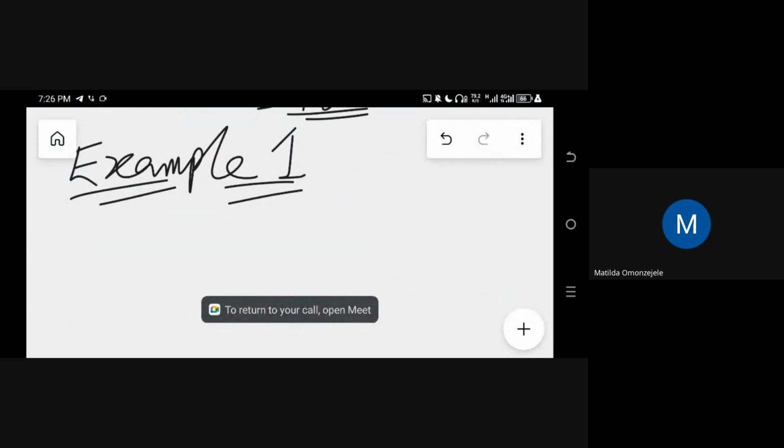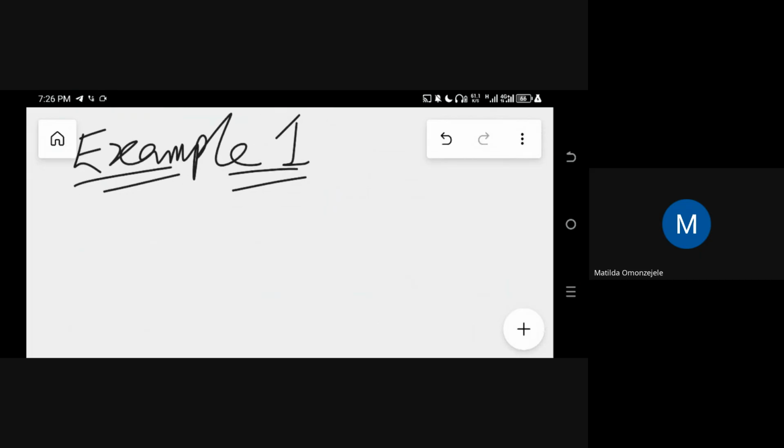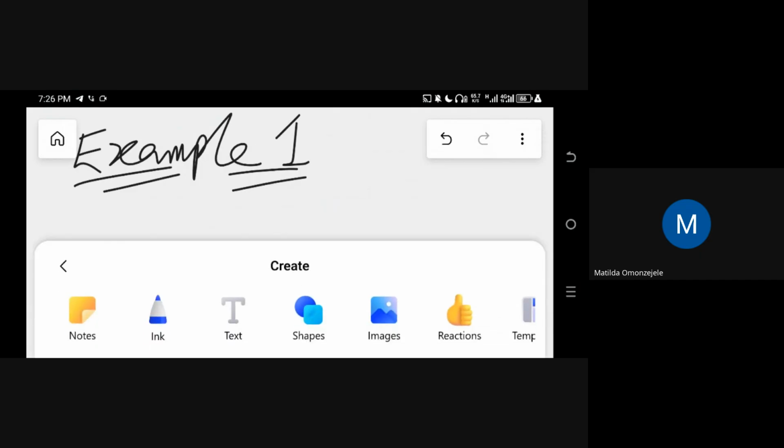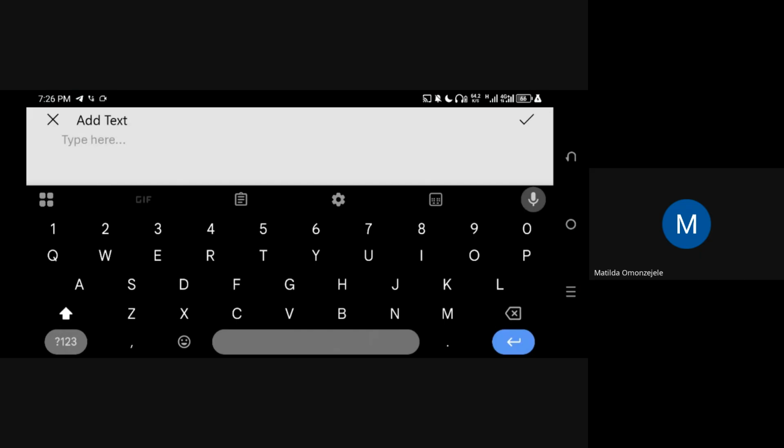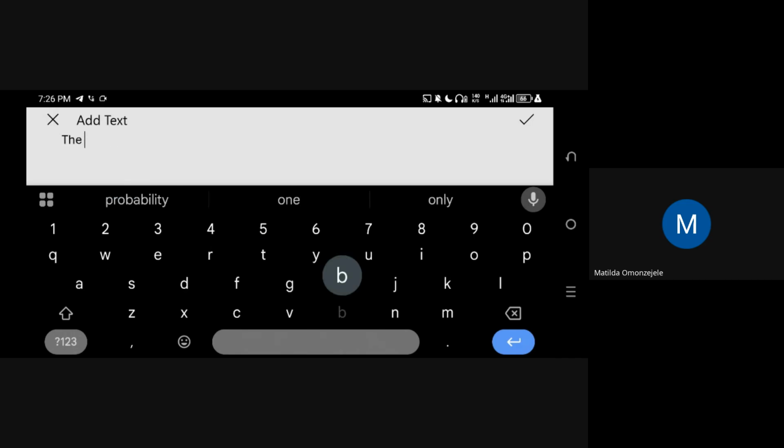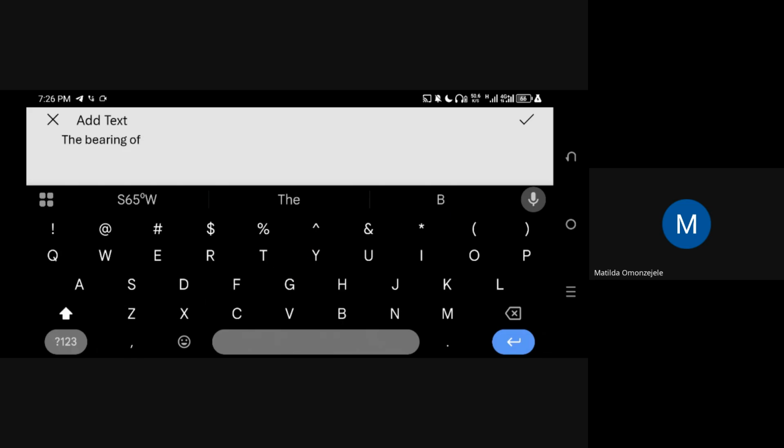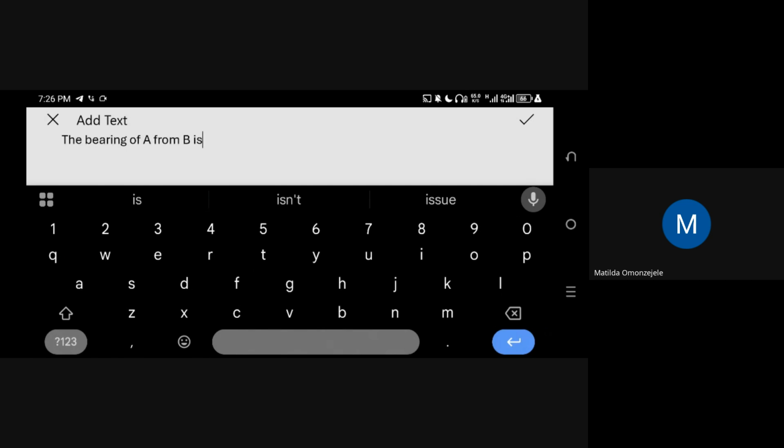All right. So we did say we're looking at the bearings between 2 points here today. Let's take the first question. Let's say that the bearing of A from B is 20 degrees.